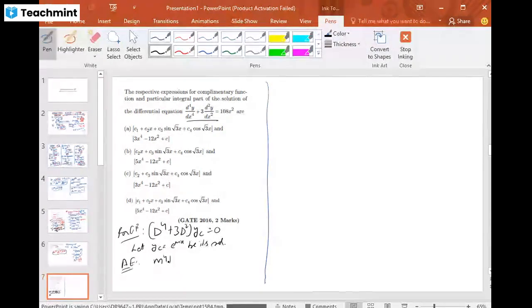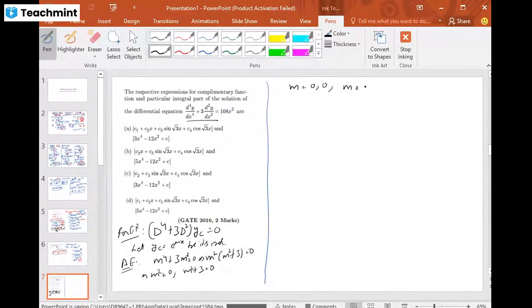So what is its auxiliary equation? Replace D with m and drop the dependent variable. m^4 plus 3m^2 is 0. m^2 is common, so m^2 times (m^2 plus 3) is 0. So m^2 is 0 and m^2 plus 3 is 0. m^2 is 0 means m equals 0 and 0, and m^2 plus 3 means m equals plus minus root 3 i. Roots are complex because if the square of a number is negative, the root must be complex.